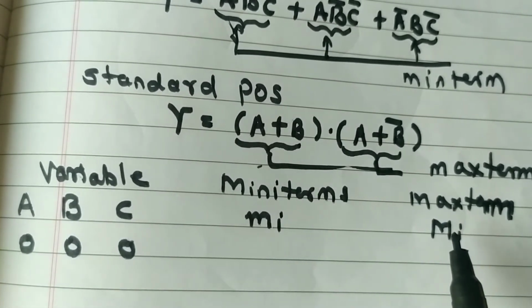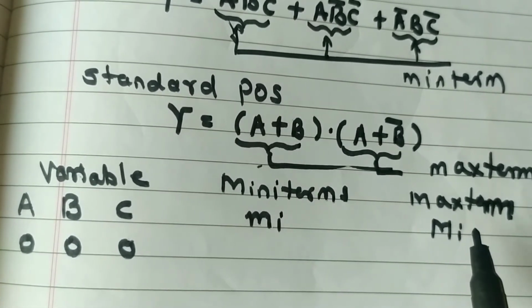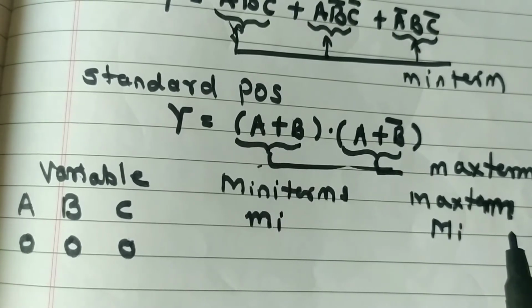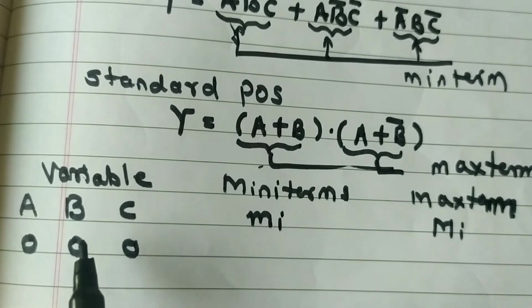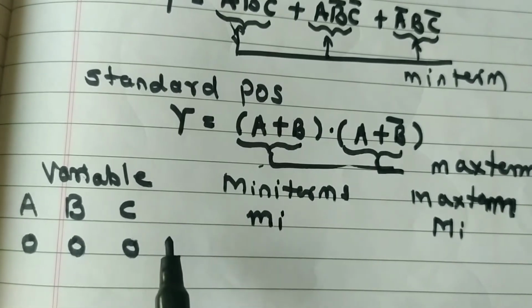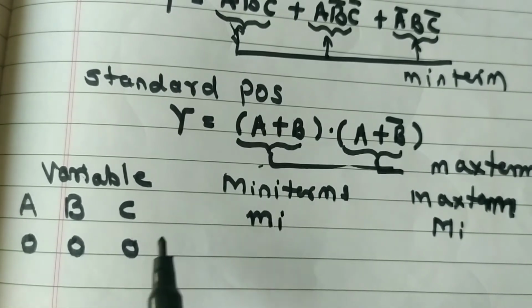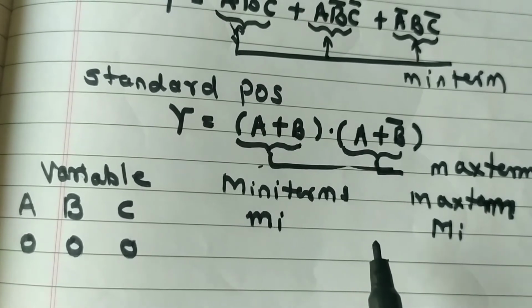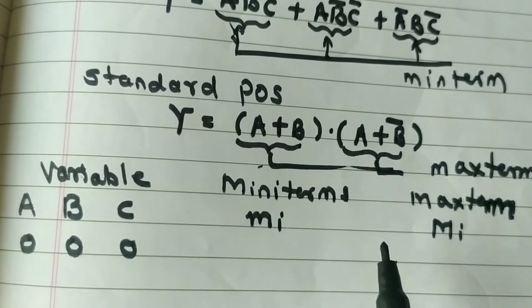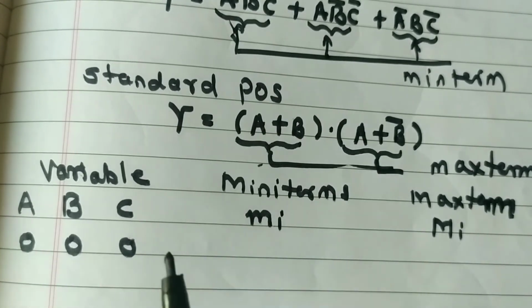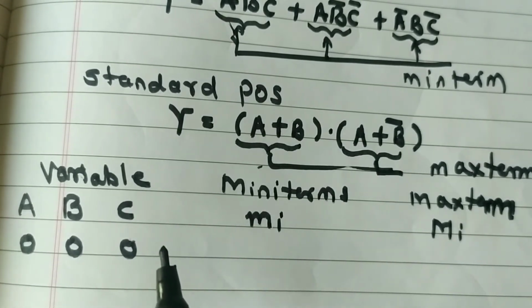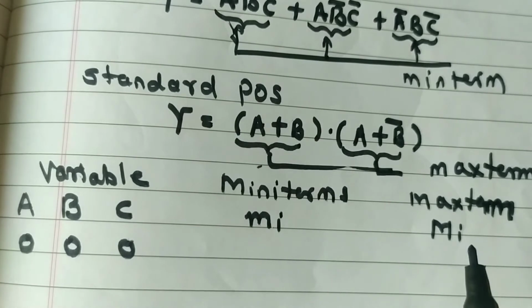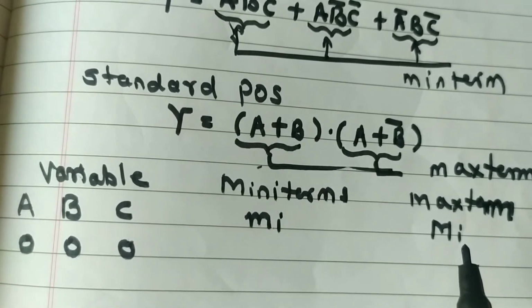Whereas for representation of the maxterm, as the maxterm is equal to 0, if any input variable is 0, then take that variable as it is, in uncomplemented form. Whereas if the value is equal to 1 for the input variable, then in the maxterm it must be in complemented form.